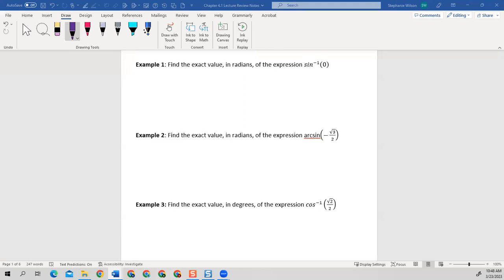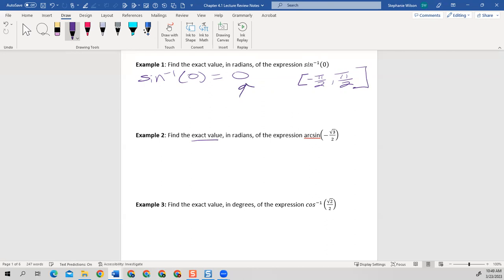Well, if you plug it in your calculator, make sure that you plug in the sine inverse; like mine, I have to do shift sine. You plug it in, and it's going to be equal to 0. We also know the interval that the sine inverse falls in is negative pi halves to pi halves. All right, so this is the answer, 0.